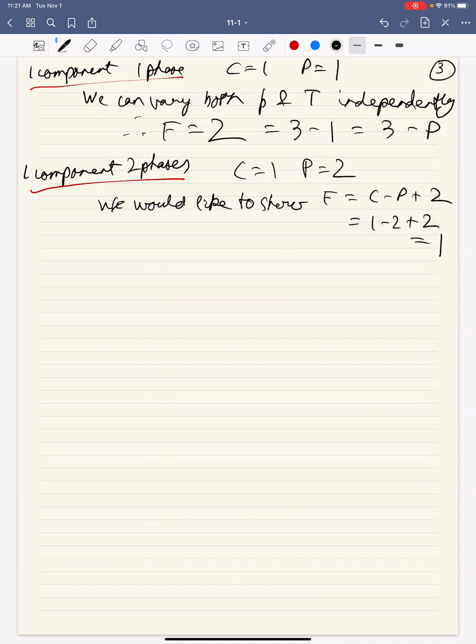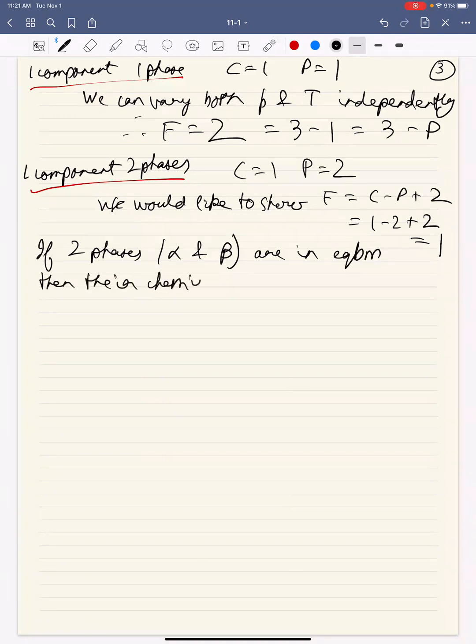So at any given pressure and temperature, okay? What it means is that if two phases, alpha and beta, let's call them, are in equilibrium, then their chemical potentials must be equal.